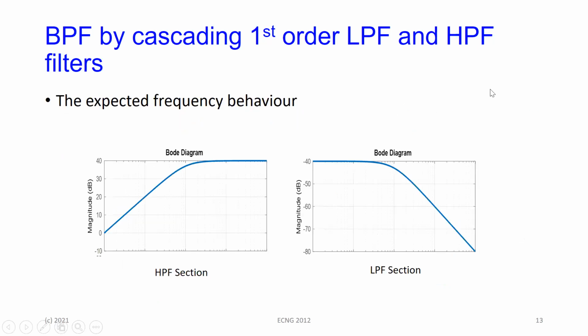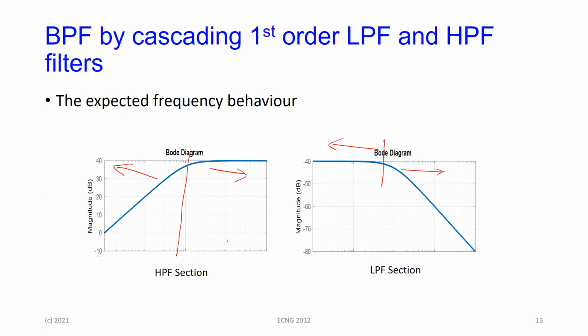So this is the expected behavior. The high pass filter, notice what a high pass filter does. A high pass filter rejects frequencies below some cutoff and passes everything above. The low pass filter passes everything below the cutoff and rejects everything above.